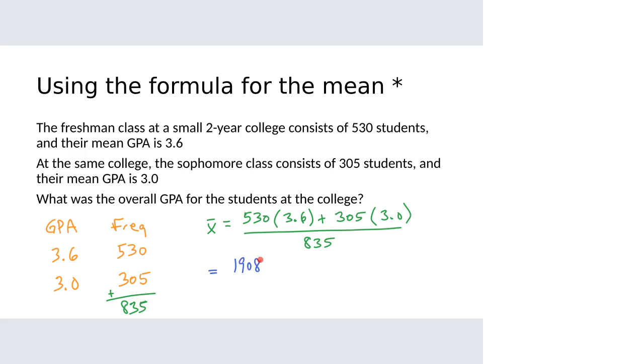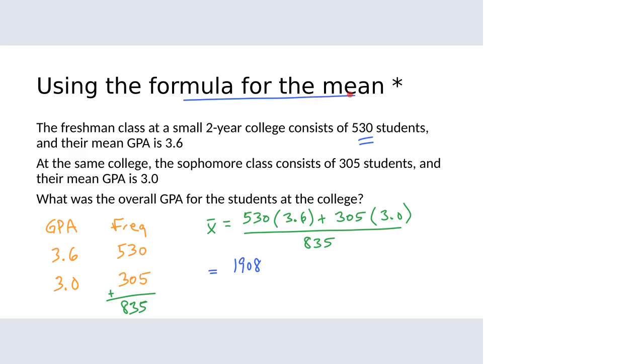What that 1,908 is, if we added up the GPAs of all 530 students, we would get 1,908. So that's where the idea that some of them are 3.8, some of them are 3.2, some of them are 2.9. When we add them all together for those 530 students, we arrive at 1,908. Shortcut is, well, if we know their mean is 3.6, we can just multiply by 530, and that gives us the sum of their GPAs.